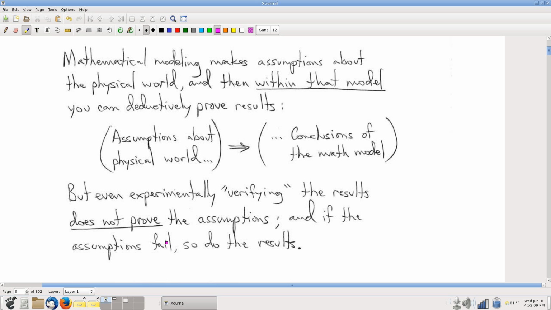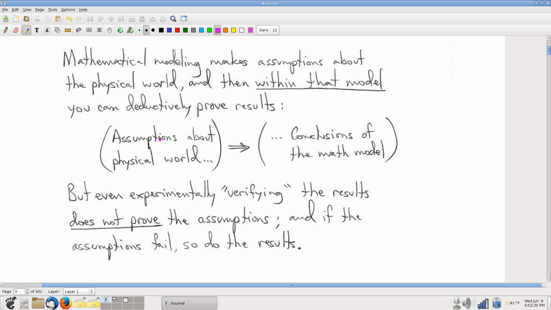All right. So let's talk about mathematical modeling now. Mathematical modeling is something that's relevant to science. I mean, a lot of what science is, is creating mathematical models that describe the world. And yes, you can do deductive reasoning within that model. Absolutely.